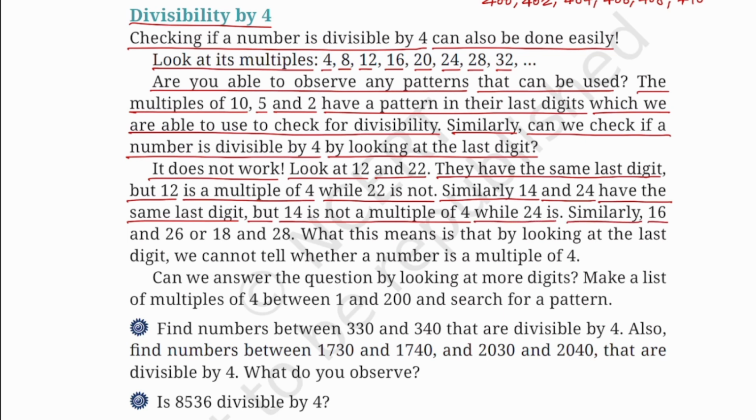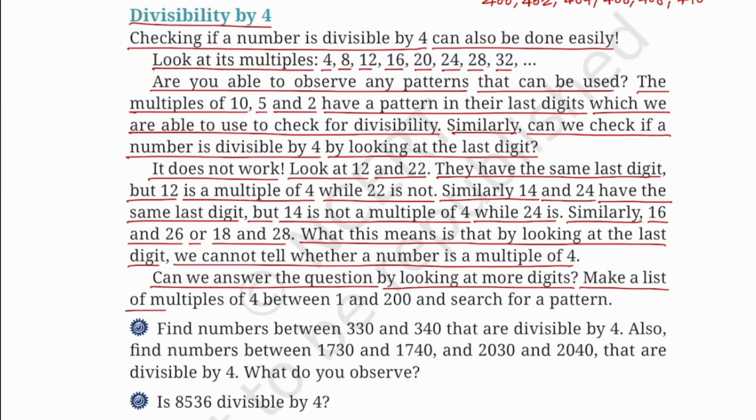Similarly, 16 and 26 or 18 and 28. What this means is that by looking at the last digit, we cannot tell whether a number is a multiple of 4. Can we answer the question by looking at more digits?